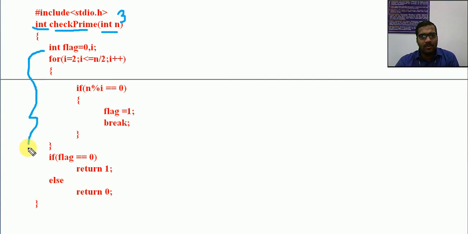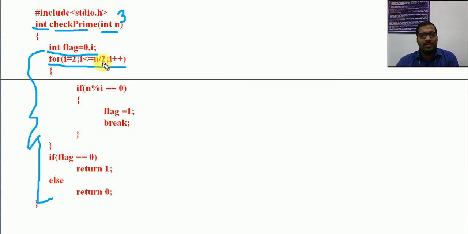going to follow the same logic of the prime number check. We set the flag to an initial value of 0, then we have an I, because 3 needs to be checked, we need to have division, meaning each number to be divided. We need to find out whether any division is possible with this 3. So here we are using the same previous prime number loop: for I equal to 2, I less than or equal to n by 2.